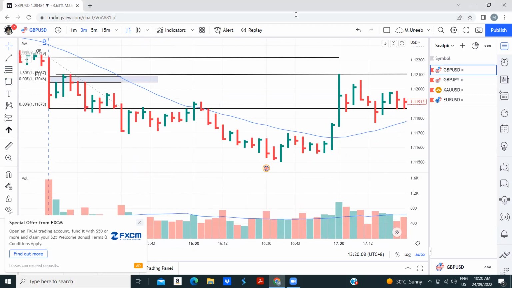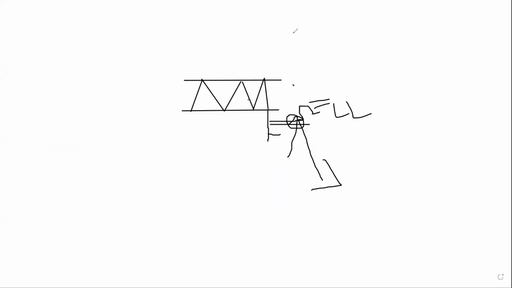For example, when the price is testing this region, let's suppose the price went down and came back here, one swing, second swing, and then comes down. Got it? One bar, two bars, at least two bars to the upside.